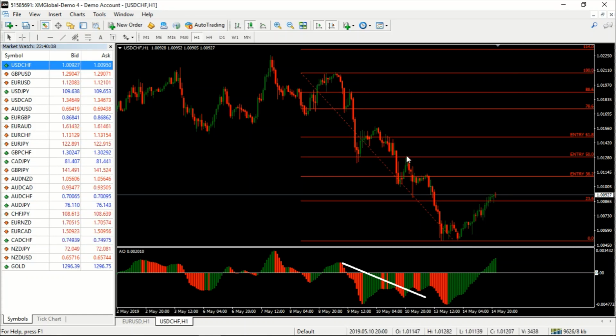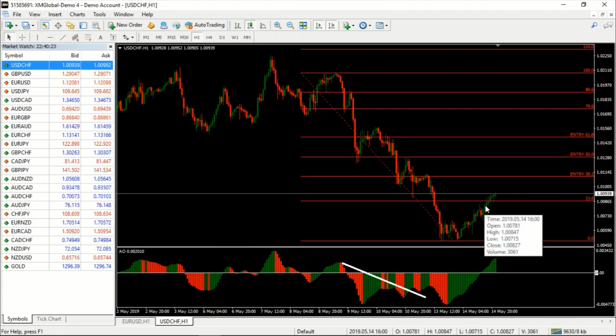So this is essentially the range that you want to be measuring. If this is an impulse wave like we previously explained in the guide, then we are measuring this wave over here, which is the corrective wave, to see on which Fibonacci level this wave will fall on or stop at, and form a reversal and allow us to enter the market.